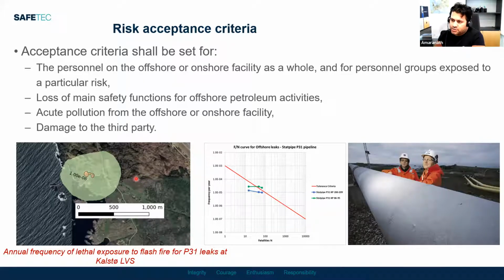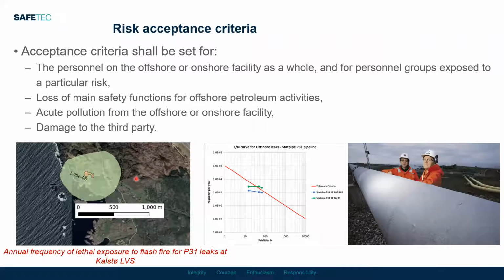Then we need to find out what areas we can improve by introducing risk reducing measures, and if the risk level is not acceptable, we need to revisit the design and modify it so that we improve the safety conditions in the design so that the risk level is acceptable.